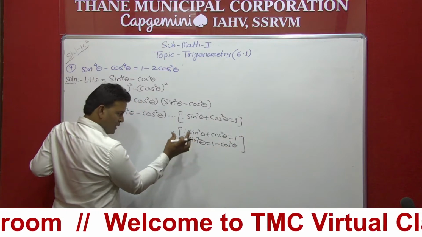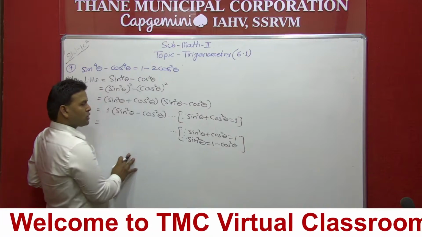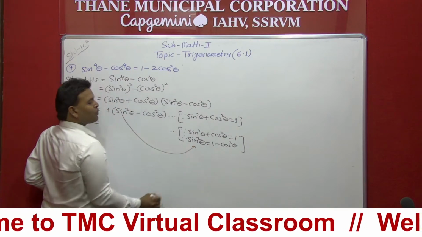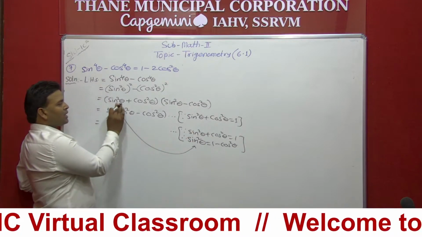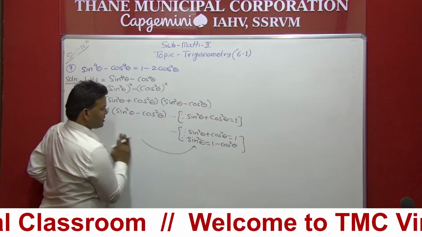Now see, instead of sine square theta I am going to substitute 1 minus cos square theta, and here in the question the sine square will get removed. So let us start with the next step.